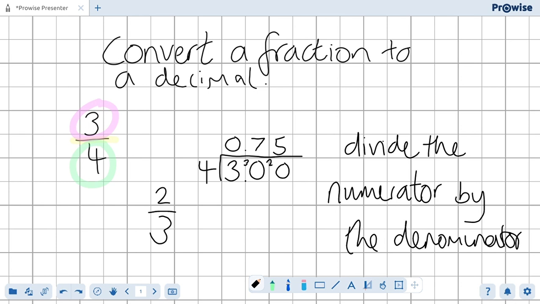And don't forget the numerator is the one on top and the denominator is the one on the bottom. And when you write it out as I did here, then make sure you add in extra decimal places and keep that decimal point in line.